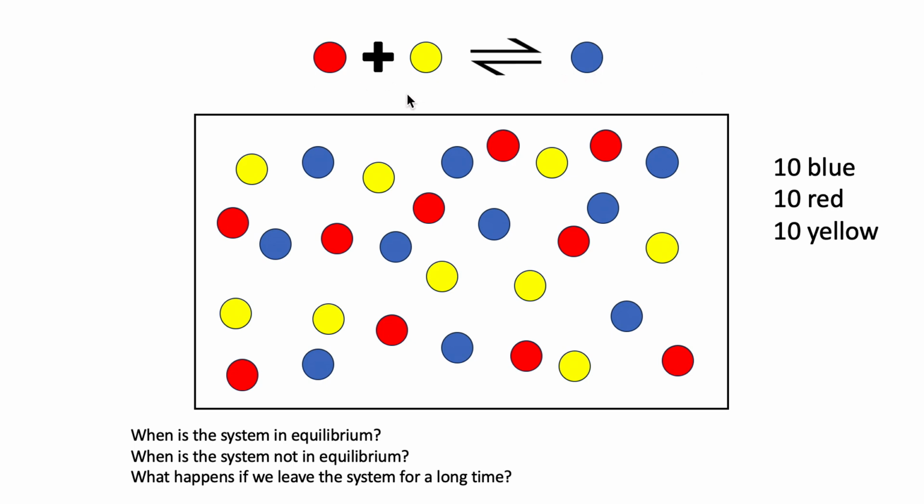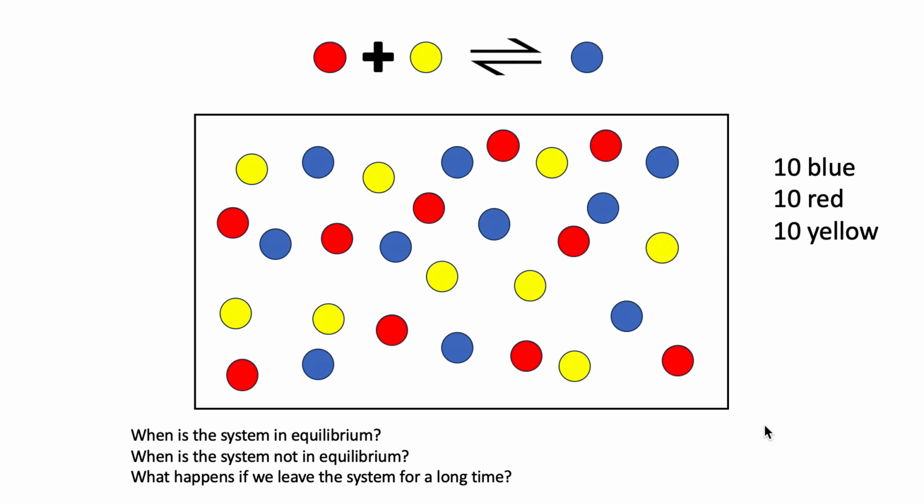So both those reactions will be happening at the same time, all the time. Now what I've got here is a closed container, and that's very important for reaching equilibrium of reversible reactions, because neither the reactants, the red and yellow, nor the products, the blue, can escape from the system.